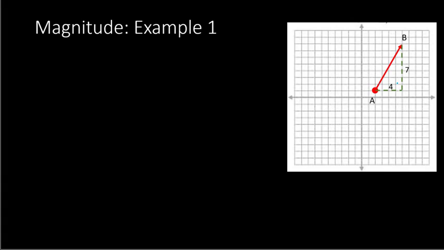Now magnitude, again, is the distance between the two points, how far the vector is going, and it can be thought of as the length of the arrow.